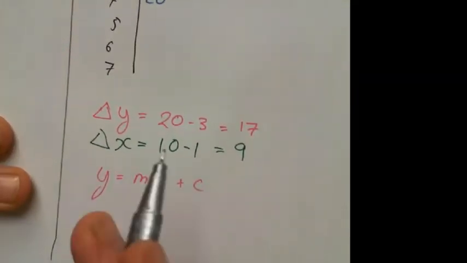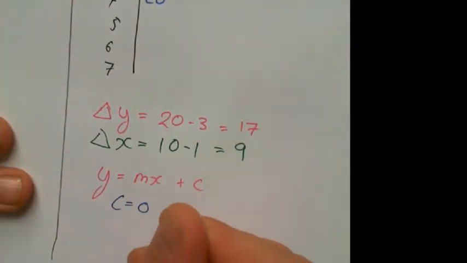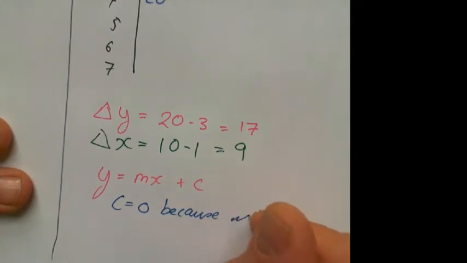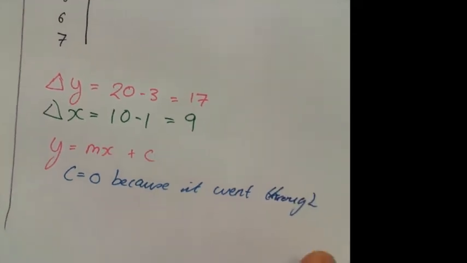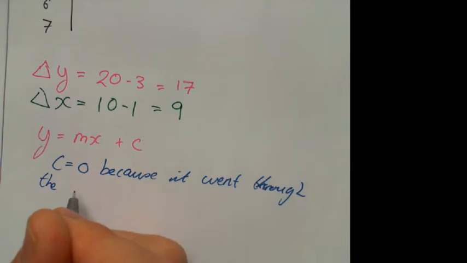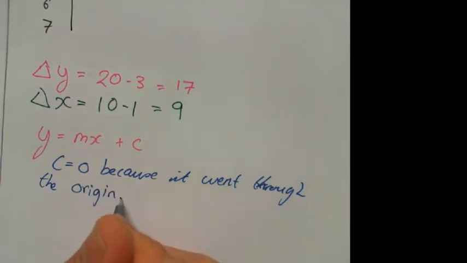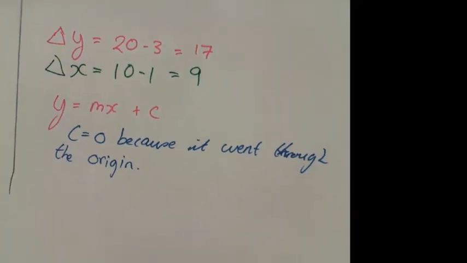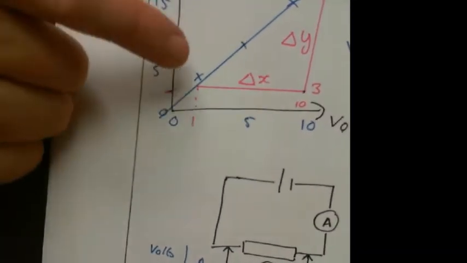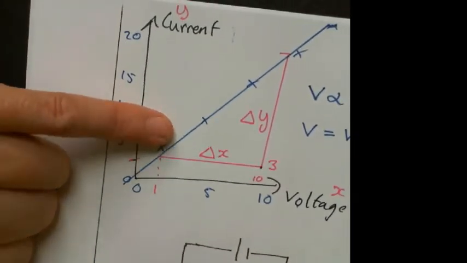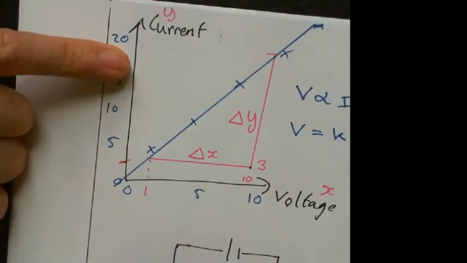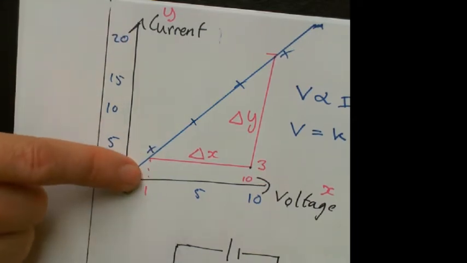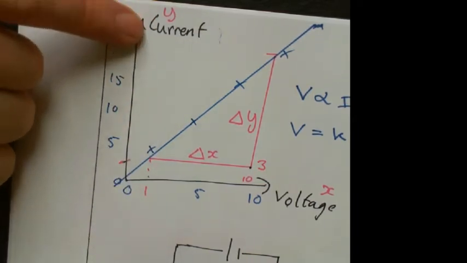I can say that c equals 0 because it went through the origin. Remember that c is the y-intercept. It's where it crosses this line here. So if it had crossed up here, it would have been 10, crossed here, it's 15, and so on. So it's where this blue line crosses this y line.